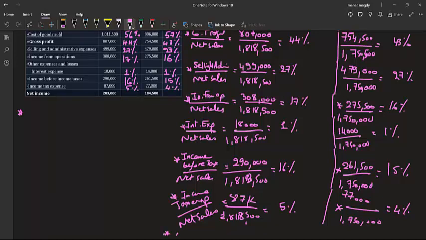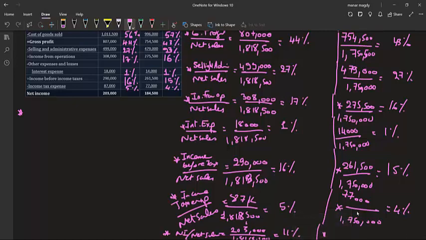Lastly, the net income divided by the net sales equals 203,000 divided by 1,818,500 equals 11%.